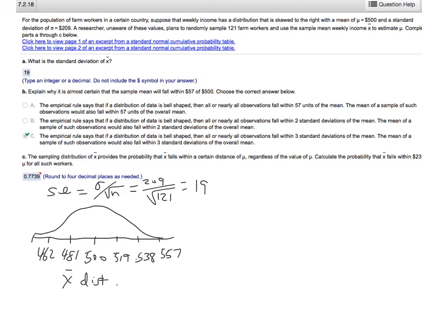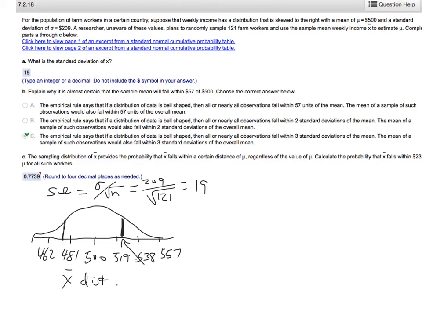Okay, now finally, part C asks us to actually find a real probability. So the probability that an X bar, if you go off and find one, what's the probability that the one you find is within $23 of mu? So in other words, the mu is the middle. So within $23 of mu means between about here and about here. Right? In fact, I don't have to say about.